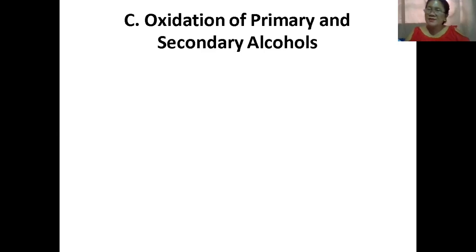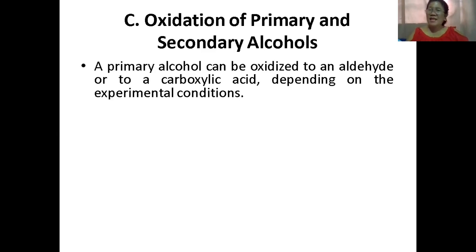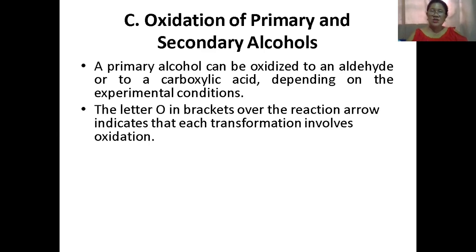So the next reaction is the oxidation of primary and secondary alcohol. We are now on oxidation; earlier it was dehydration or hydration. The primary alcohol can be oxidized to form an aldehyde or a carboxylic acid depending on experimental conditions. So a letter O placed in the reaction means it is an oxidation reaction.